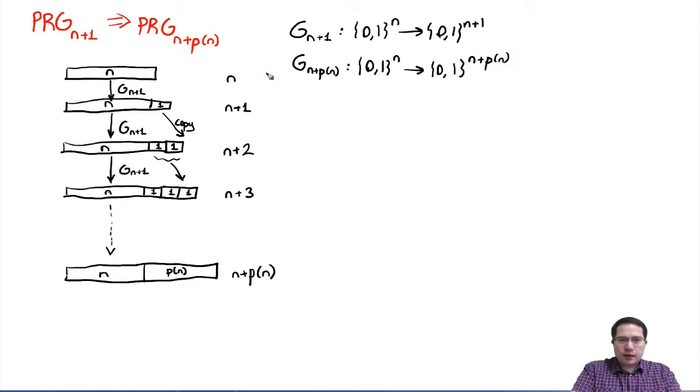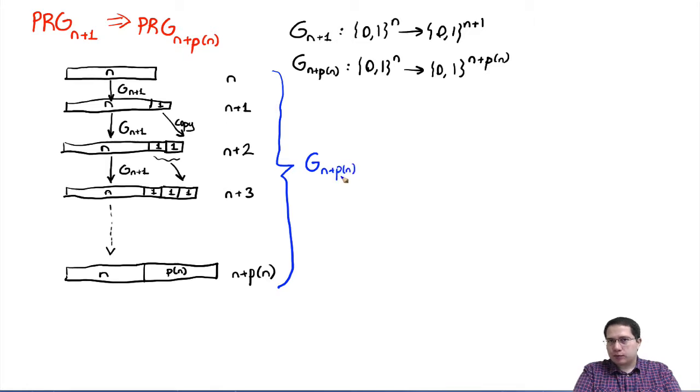So if I run G_{n+1} essentially p(n) times using the first n bits of the result, and keep the extra bits here, this will give me my construction for G_{n+p(n)}.